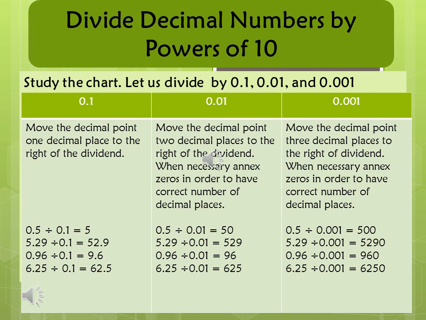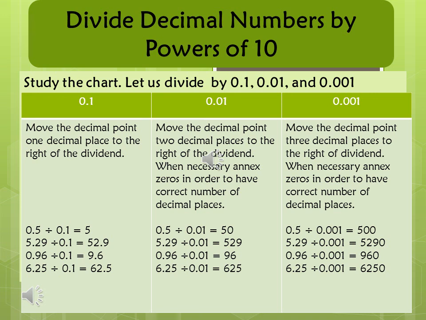I-move natin yung decimal point ng isa. So, sa dividend, ang magiging sagot natin ay 9.6 o 9 and 6/10. Another example, 6 and 25/100 divided by 1/10. I-move natin ang isang decimal place going to the right. So, 62.5 or 62 and 5/10.